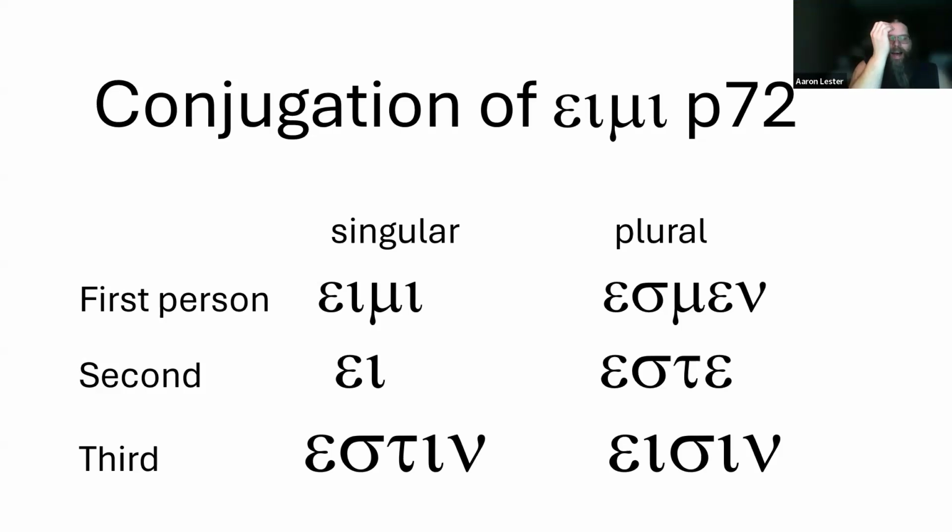Ho Iesous, yeah, the proper name can take that article, but usually not. Iesous estin, because it's third person. It's not I and it's not you. It's third person, it's he.